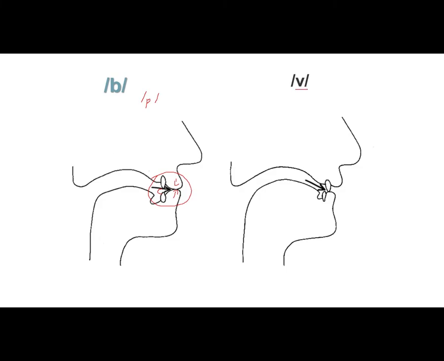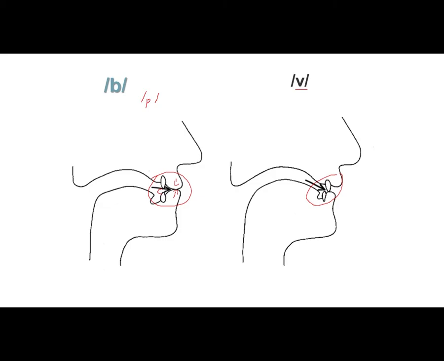And here we have V. Look at the points of articulation here. You might notice some similarities with our last friend, the letter F, the sound F. With F, we see the lips are open, the top teeth are down on top of the bottom lip, creating friction.